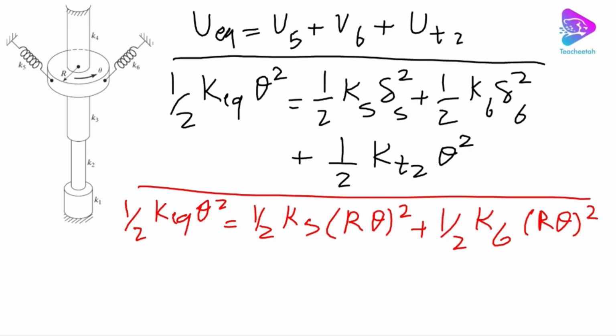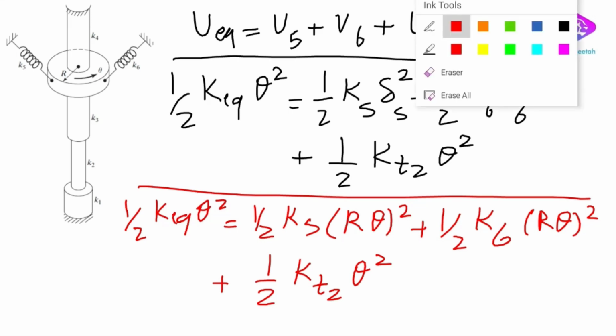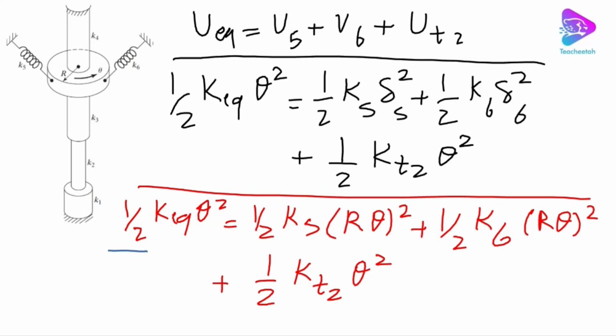Why? Because delta 6 was r theta, plus the term we have for the shafts, 1 over 2 KT2 theta squared. As you can see, for all the terms here, we have theta as the variable of the system, so we can factor it out and simplify. As you see here, we have 1 over 2 in all, which we can cancel out from all sides of the equation, and we have theta squared here, right?